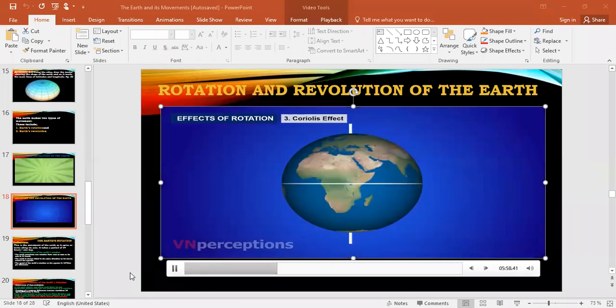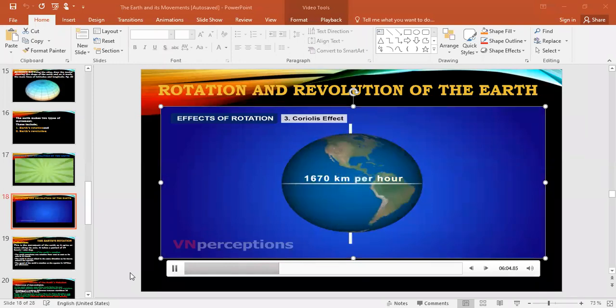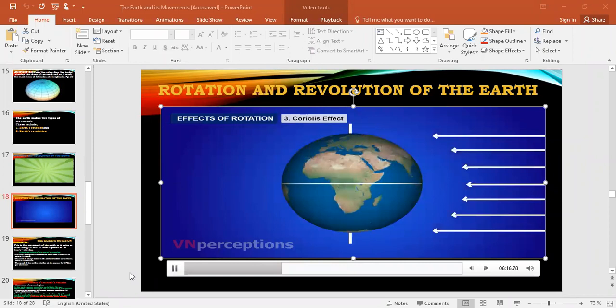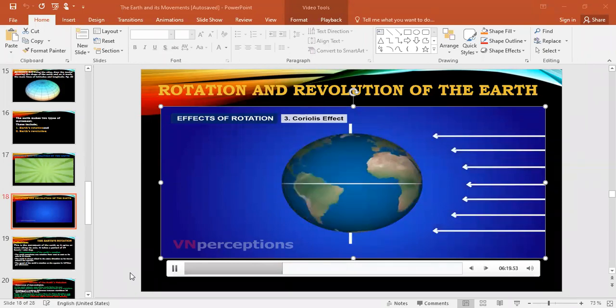Now we all know that the earth is spinning at a great speed. At the equator, it is 1670 kilometers per hour. Second, we have learned that because of the spherical nature of the earth, different parts of the earth receive different amounts of sunlight. So there is difference in temperature at different places.